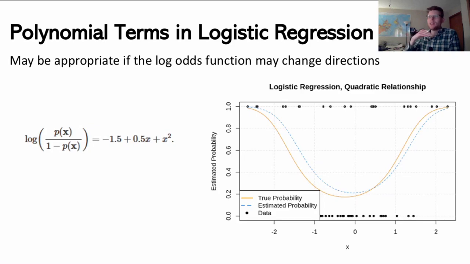So it's not just a steady change in the likelihood increasing or decreasing, but instead maybe it's switching directions, where it's more likely equal to 0 here, more likely equal to 1 over here. So in that case, it might be appropriate to fit a polynomial expression for our linear equation as well. And that's actually it for this video.